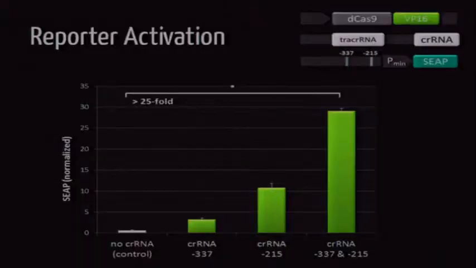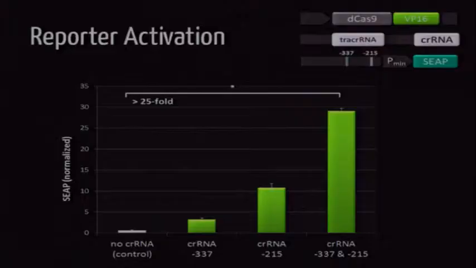We performed a reporter gene assay where we transfected a reporter gene called SEAP, which is a small secreted alkaline phosphatase, which can easily be measured in the supernatant of mammalian cells, as well as our Cas9 VP16 and a plasmid which was coding for the corresponding RNAs. On the y-axis, you see our readout of the reporter gene.